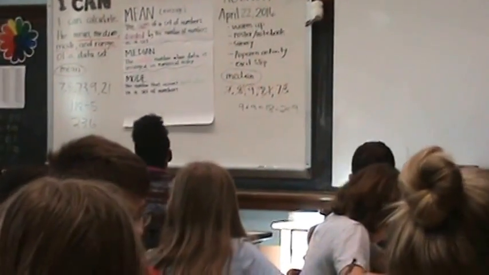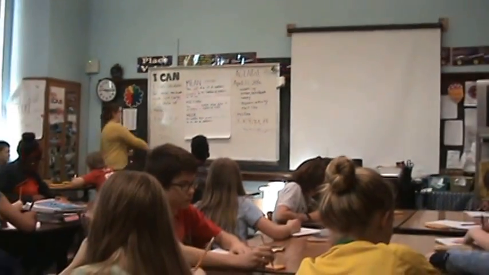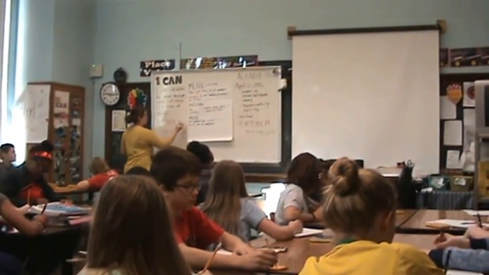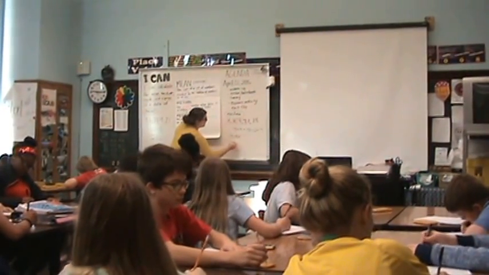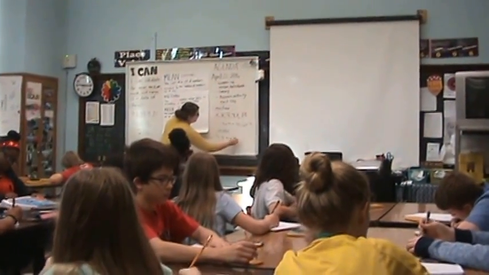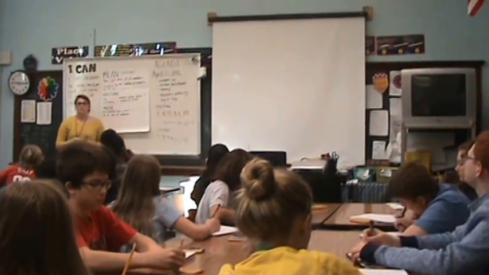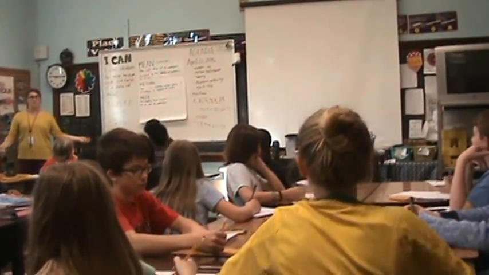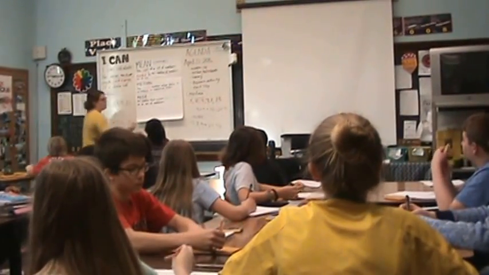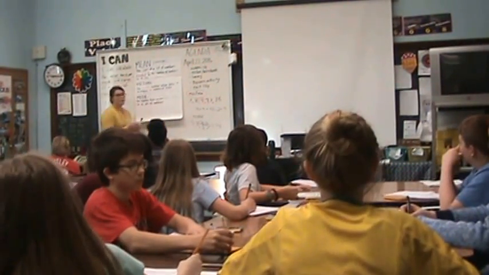So think about the new data set I just created if I had 2 9s in it. Now it's 7, 8, 9, 9, 21, 73. Which one occurs most often? 9. So what's our mode? 9. Whatever occurs most often is your mode.